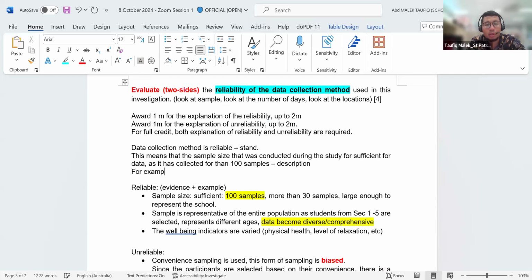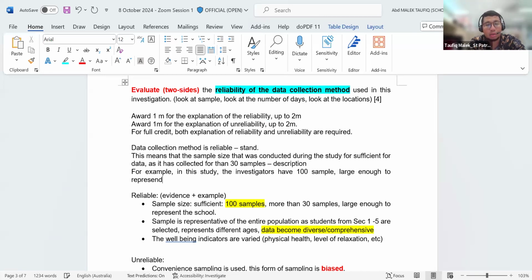For example, in this study, the investigators have 100 samples. Okay, sorry, this one is more than 30 samples. So the investigators have 100 samples, large enough to represent the school.